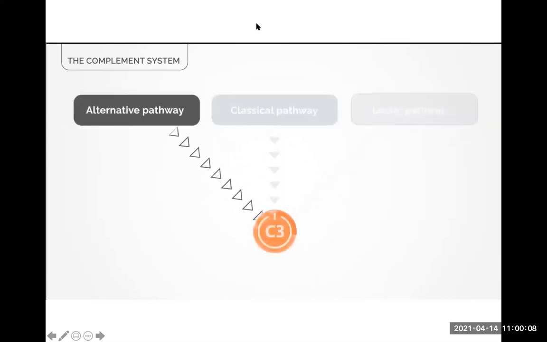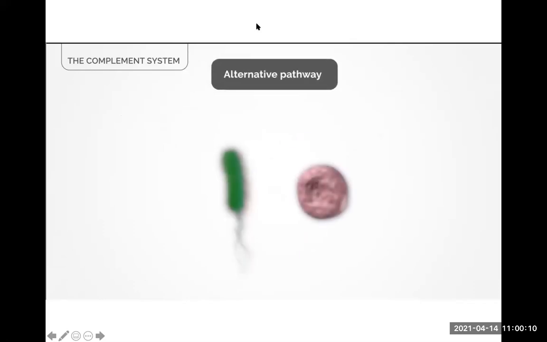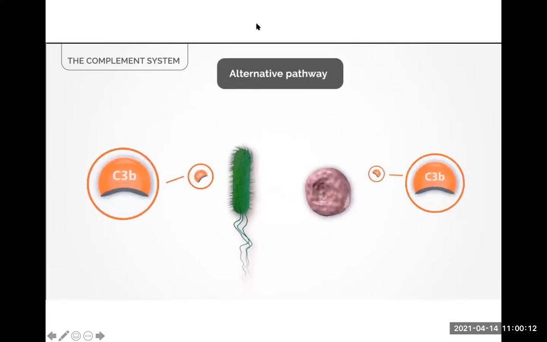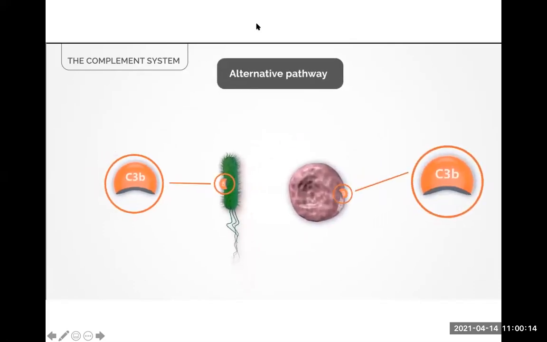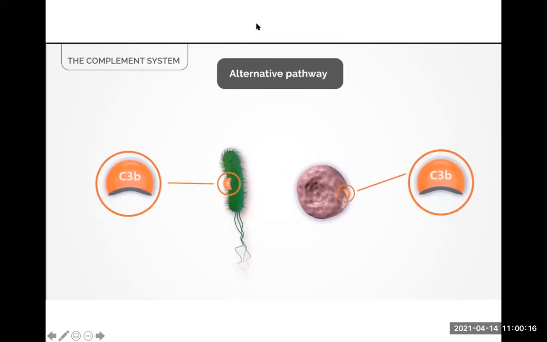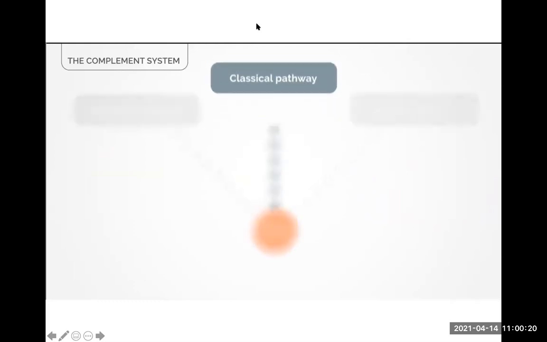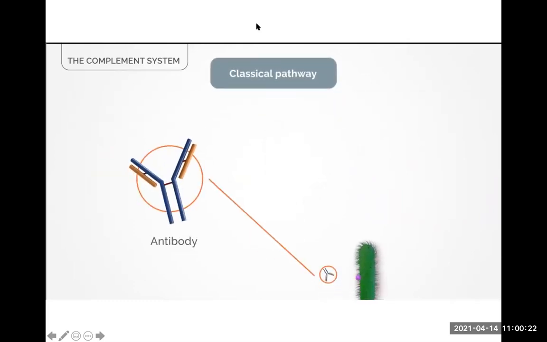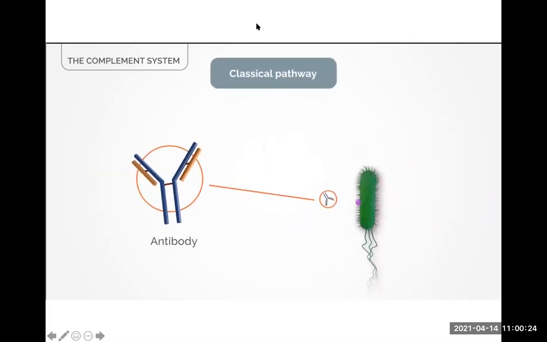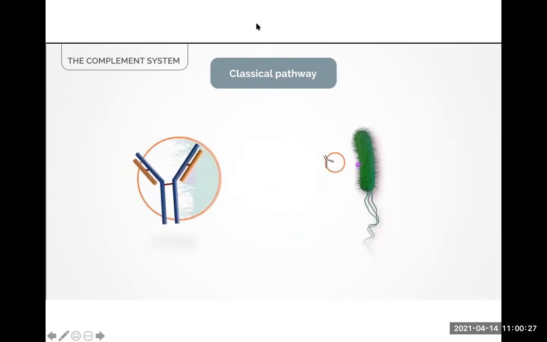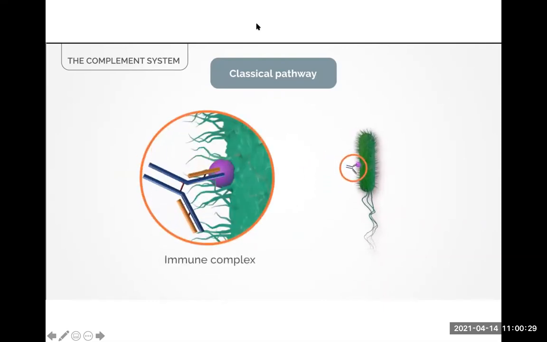The alternative pathway is spontaneously activated through direct binding of complement to a pathogen or damaged host cell to help the body clear away debris. The classical pathway is activated when an antibody, a protein produced by our immune system, recognizes and binds to a component on the surface of a foreign cell, forming an immune complex, starting an immune response that targets the pathogen for destruction.